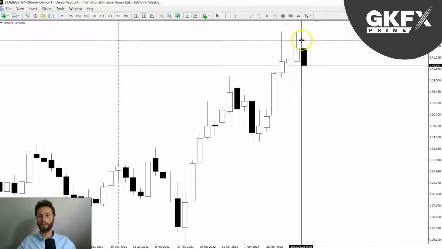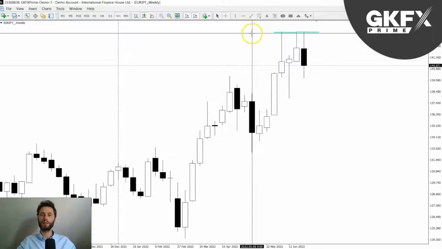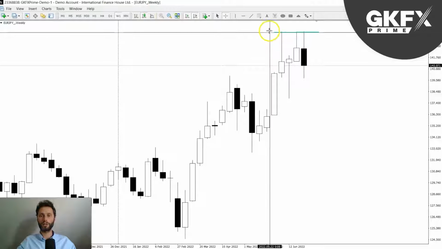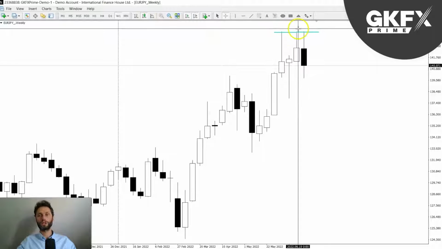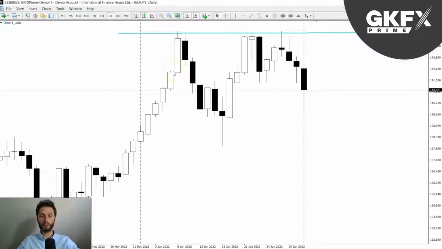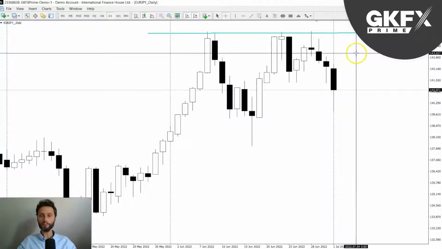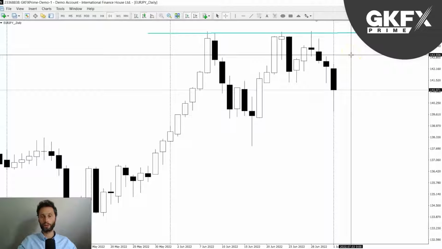What I'm seeing here is a clear triple top. And since it's pretty clear, I can imagine that many traders will have had the stop loss here. So the market may want to hunt that liquidity, may want to go for this high right here before it thinks about a drop.